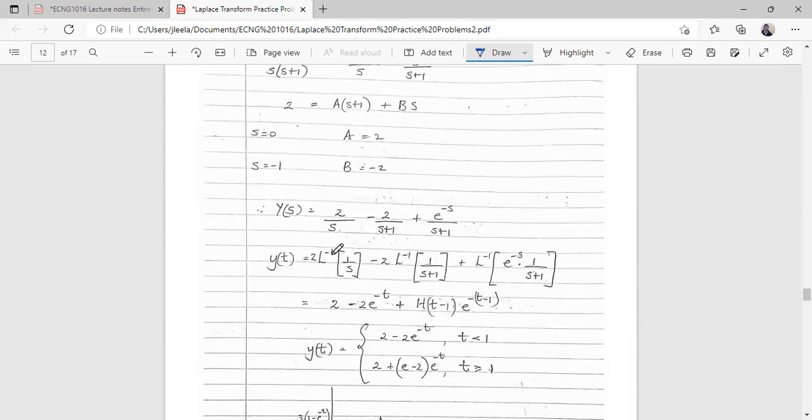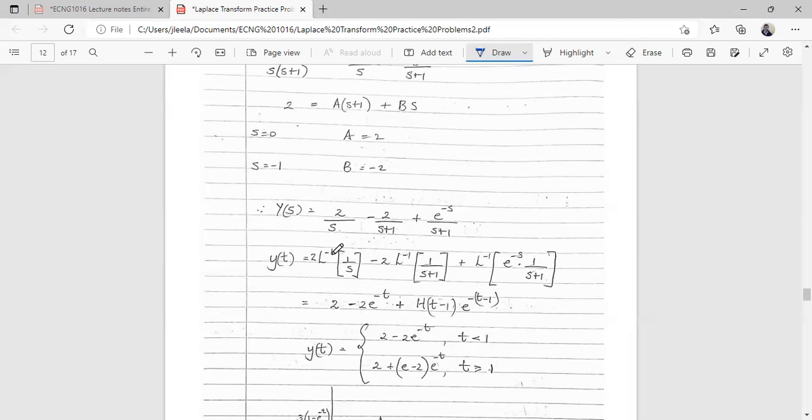So we take the inverse Laplace. 2 times the inverse Laplace of 1 over s, minus 2 times the inverse Laplace of 1 over s plus 1, plus the inverse Laplace of e to the minus s times 1 over s plus 1. So in the first instance here, the inverse Laplace of 1 over s is, sorry, it's 1, and then you have to multiply it by 2, right?